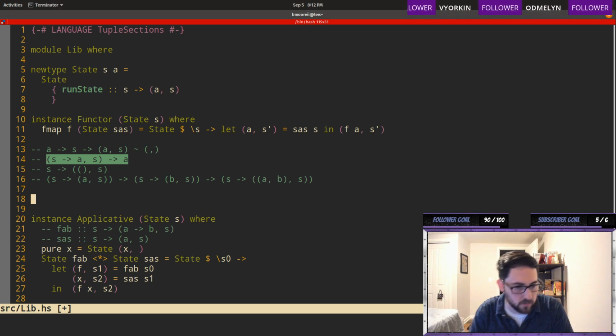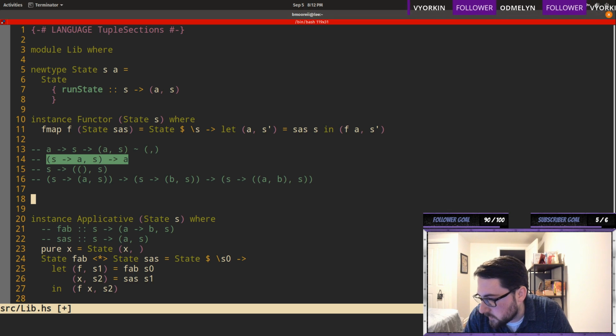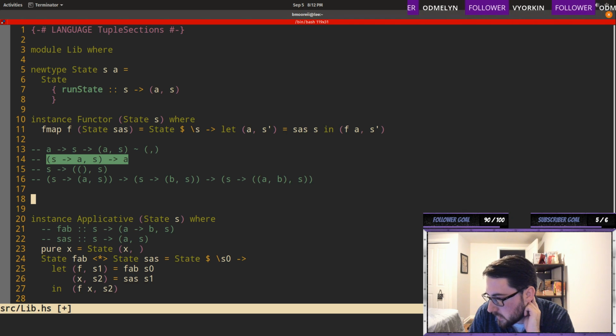Okay, so you read that as follows. Your state function, state A, S to AS, right? But actually, it is a composition of two functors. We have applicative A equals S to A, and tuple A, wait. Oh, an app functor and a tup functor.